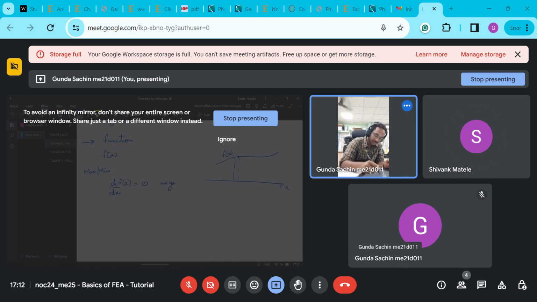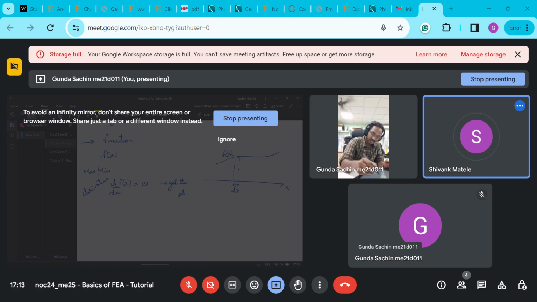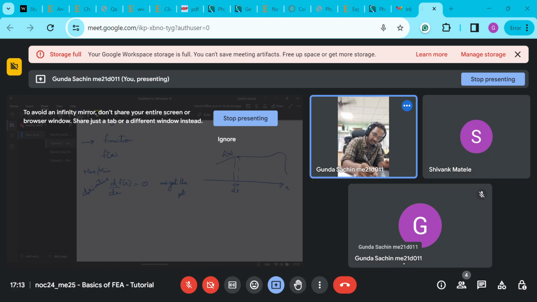What you do is take the derivative of the function and say that it will be 0, and get the point. So you use derivatives, right? What it means is, if you are changing x by just a small quantity, how is the function changing?